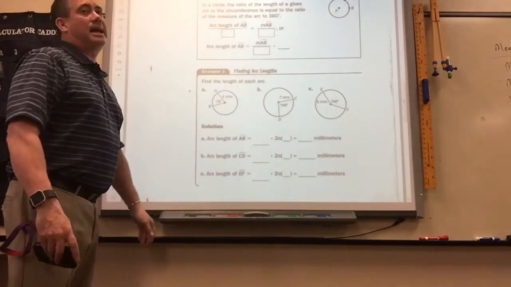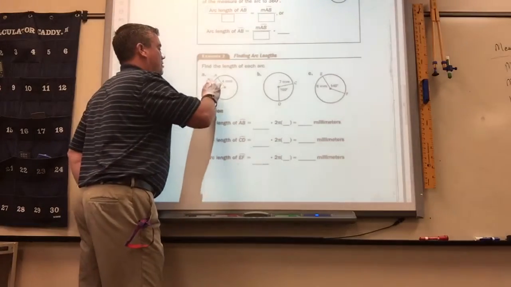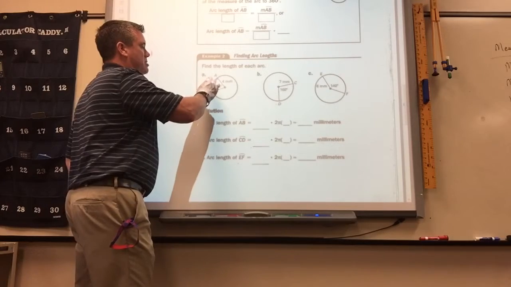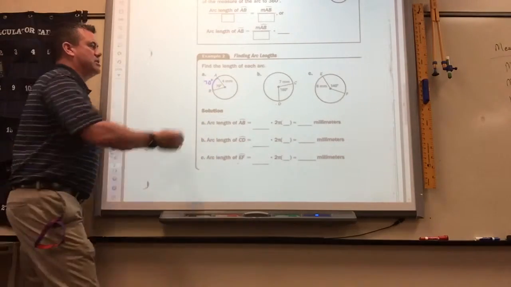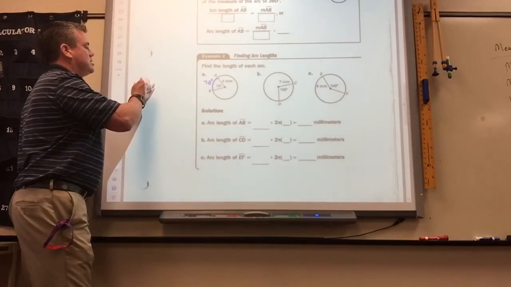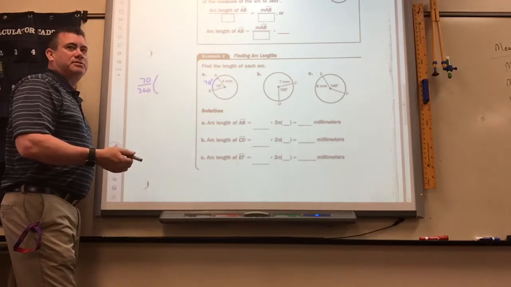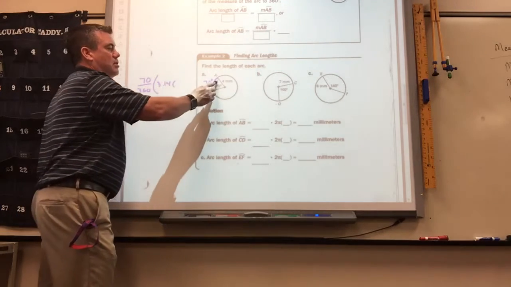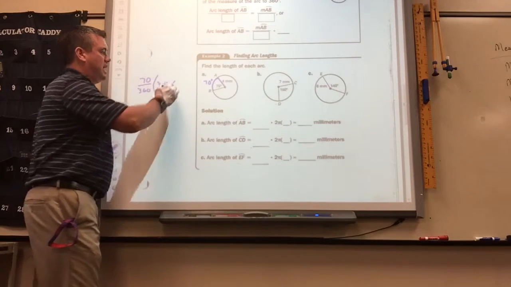Okay, now the arc lengths. They want the length of arc AB. Since the central angle is 70, the arc is 70. So I only want 70 degrees out of the 360. So you take 70 divided by 360 times the circumference, which is pi times the diameter, and the radius is 4, so the diameter is 8.